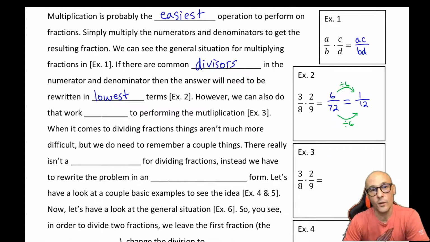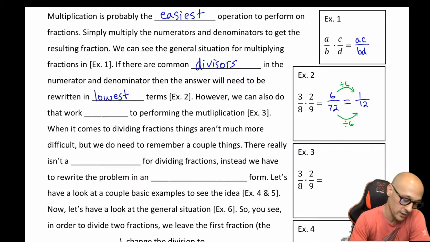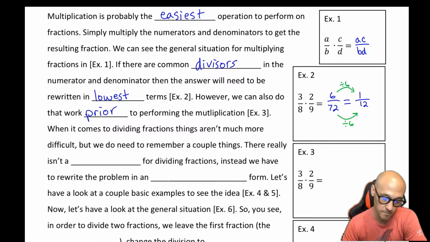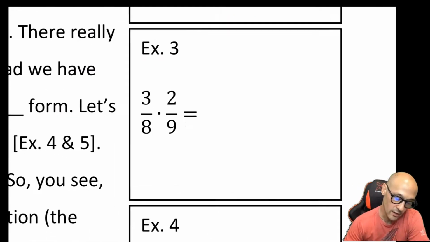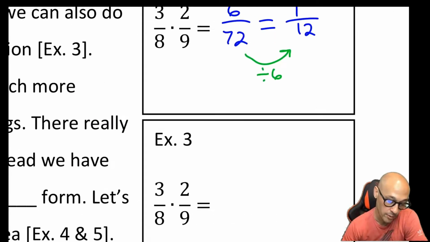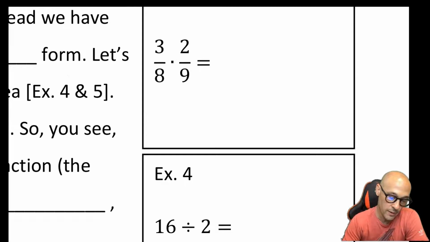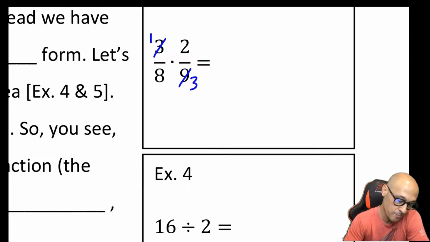However, we can also do that work first, prior to performing the multiplication, in example 3. So in this one, it's the same problem as we had in example 2, but we can say, all right, 3 divided by 3 is 1, 9 divided by 3 is 3, 2 divided by 2 is 1, 8 divided by 2 is 4.